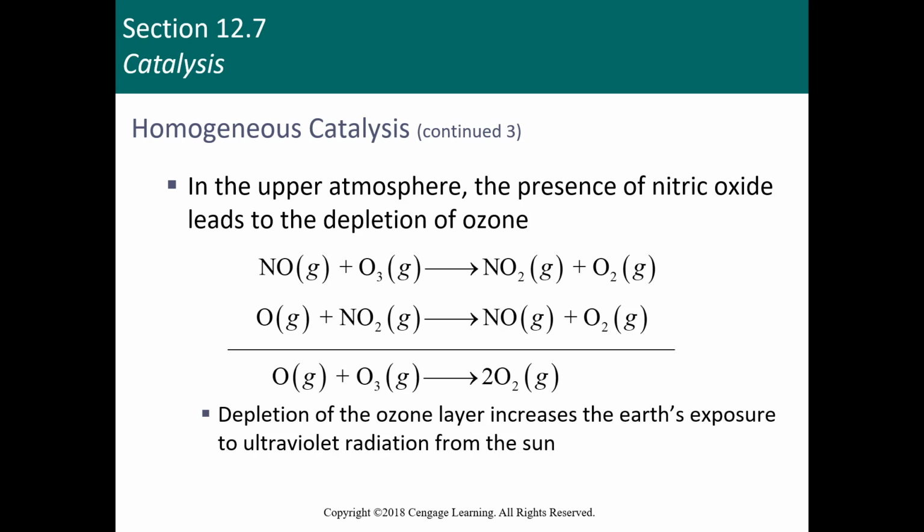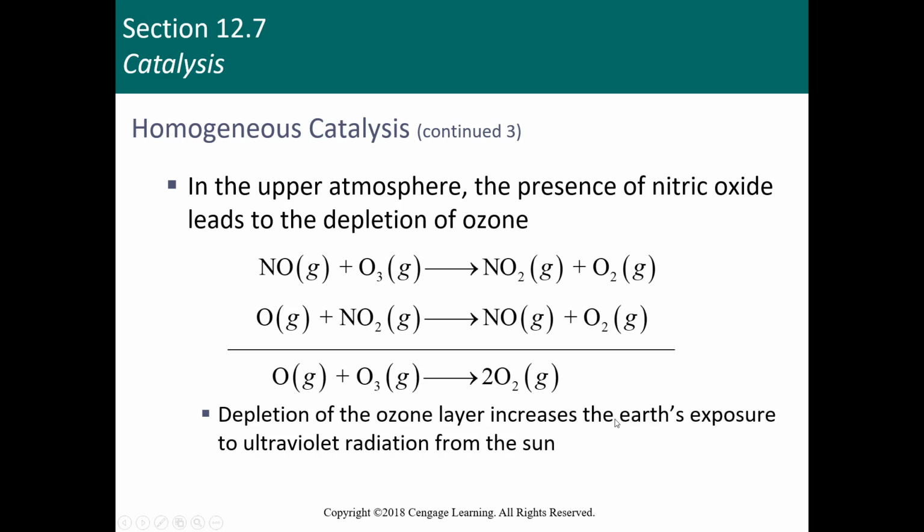All right, so in the upper atmosphere, the presence of nitric oxide will actually lead to the depletion of ozone. This really isn't as much of an issue. This is sort of a beside the point thing. There's not a huge amount of nitrogen oxide being released in the upper atmosphere. That's not a massive concern that people are really bugging out about.